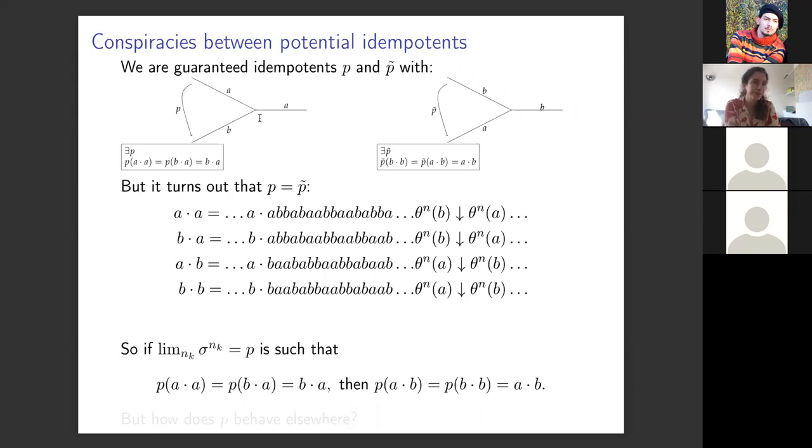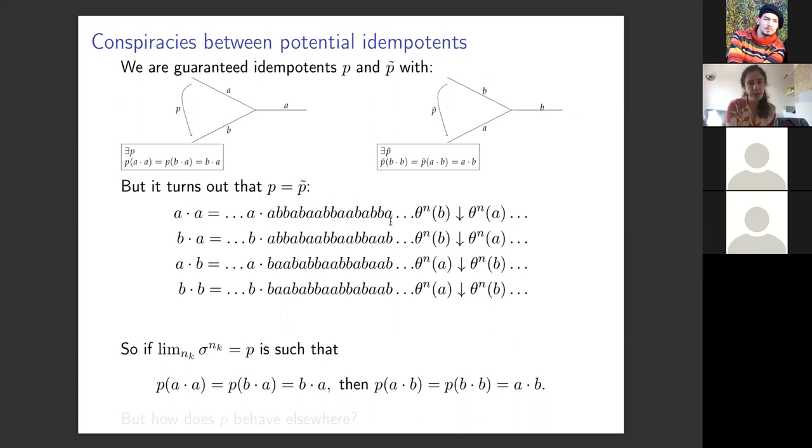So to define P, I have to take a limit of shifts, sigma to the n_k, right? So here's A.A and here's B.A, and I've just drawn the right half. They agree on the right. So to find a map which sends A.A to B.A and B.A to B.A, I just need to take a limit.